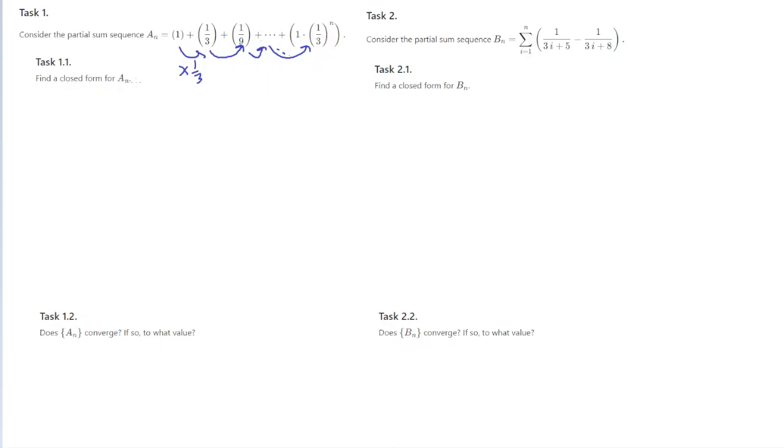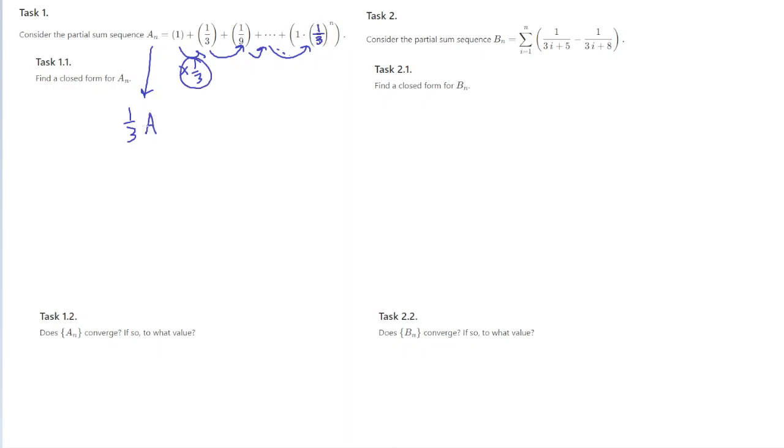So to find this closed form, what we're going to need to do is modify this partial sum sequence in order to get some canceling. We don't see any canceling immediately here. However, we can get that if we modify the original sequence by multiplying it by whatever it is we're multiplying each step, that 1/3.